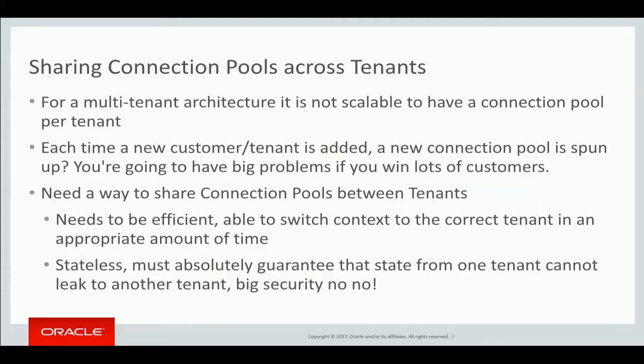So the next thing I wanted to do is try and give you a bit more insight into how we manage our connection pools and how we multiplex many, many sessions across those connection pools. When we were starting with this problem, we didn't really have a clear idea of how we were going to solve it.